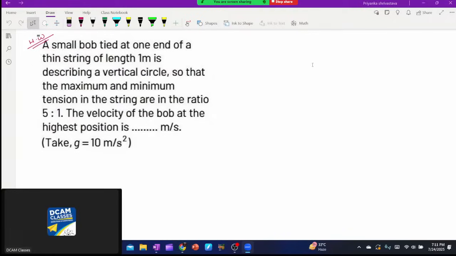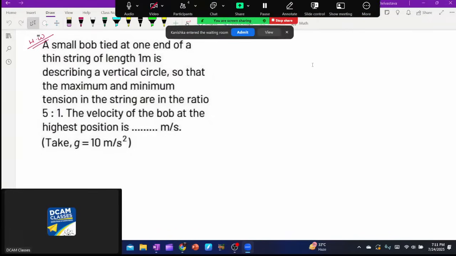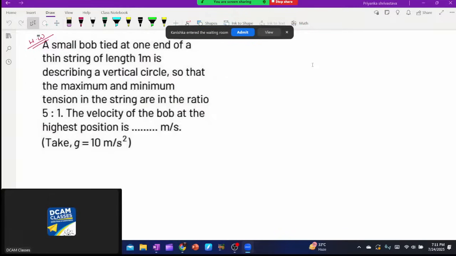You have to see which part will be maximum, which part will be minimum. The velocity at maximum will be root 5 GL. Sir, what should be the answer?